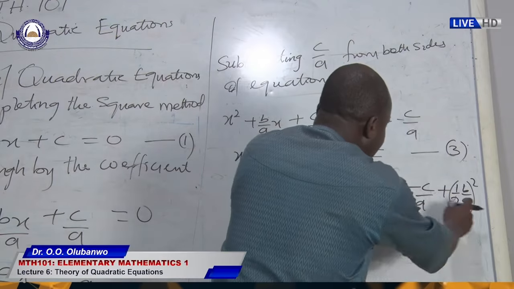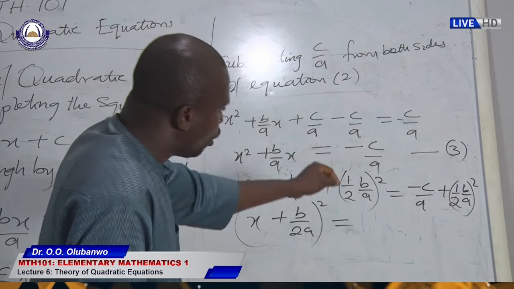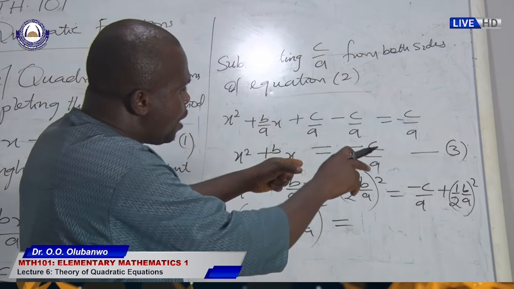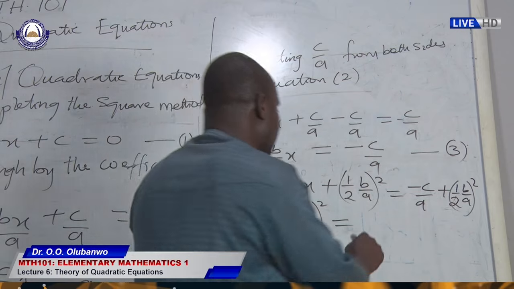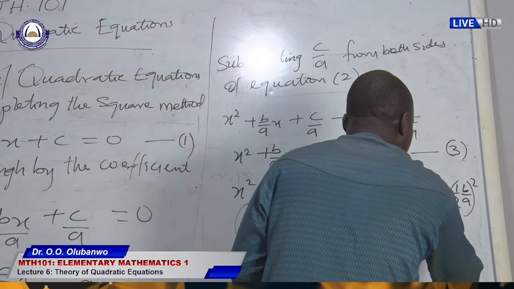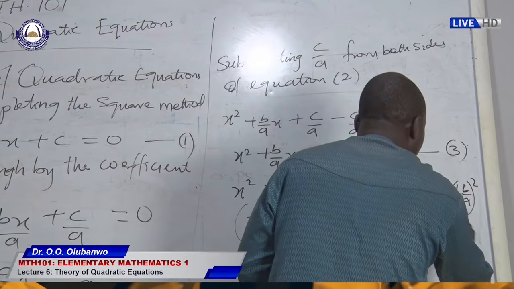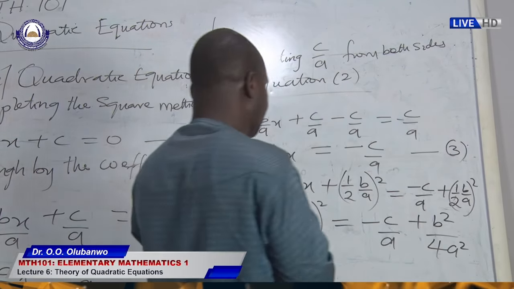And this side will give us minus c over a plus half of b over a all squared. Let's expand this. This will give us minus c over a plus b squared over 4a squared.